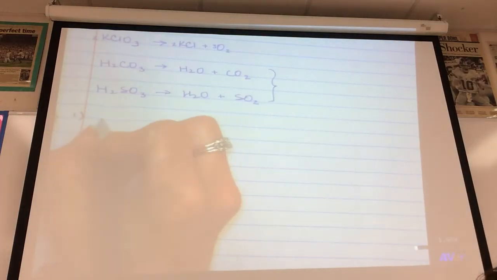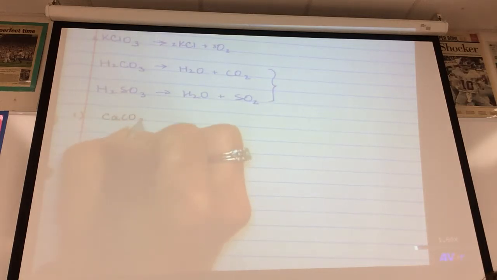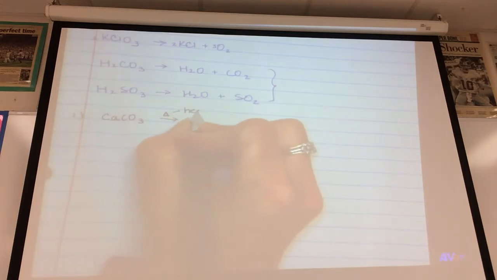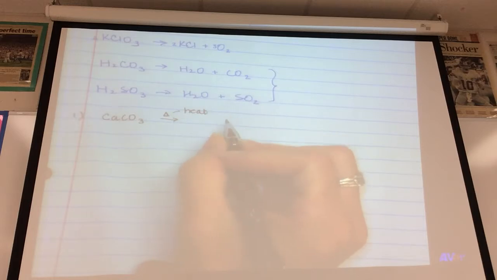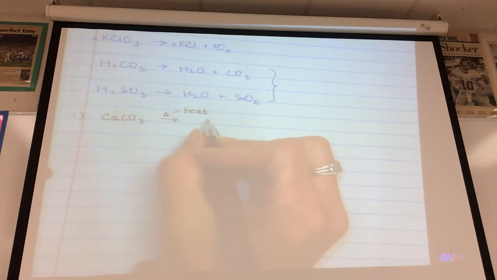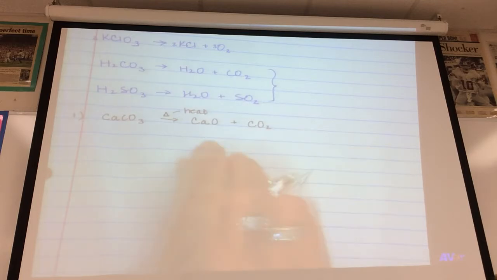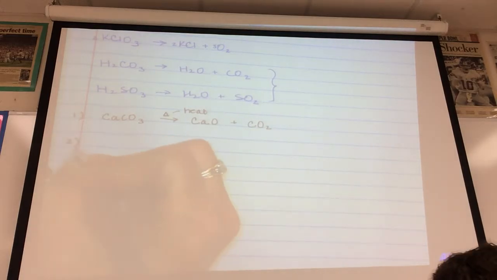So what would that be? When you heat something, you typically go like that. Triangle means heat. So what would that make? Calcium oxide and carbon dioxide. It makes two oxides.